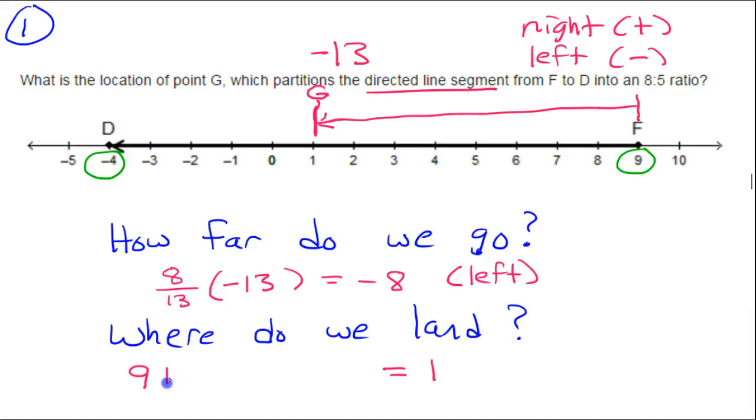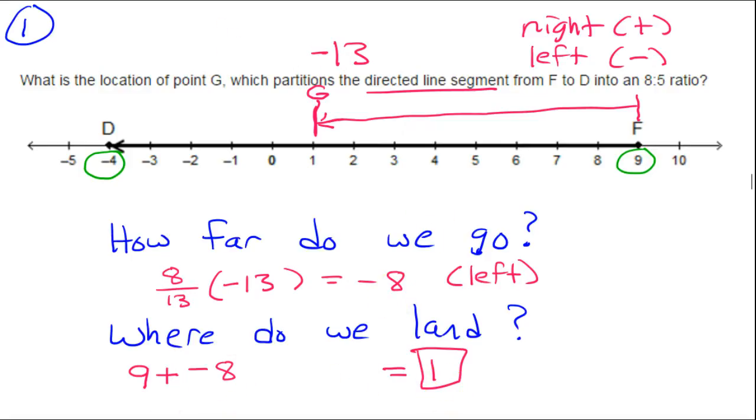If I just add the motion, which is negative 8, so 9 plus negative 8, which of course is just 9 minus 8, you know that. Then that's going to give us our answer of 1. So this will be useful for when we have fractions: if you just take your starting number and your motion, add them together, that will tell you where you land.